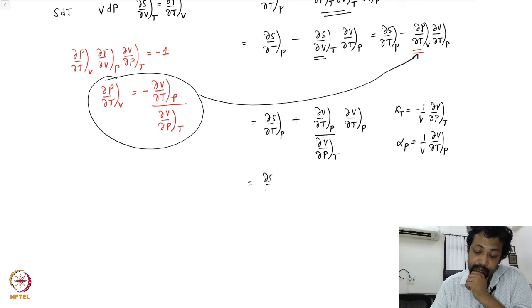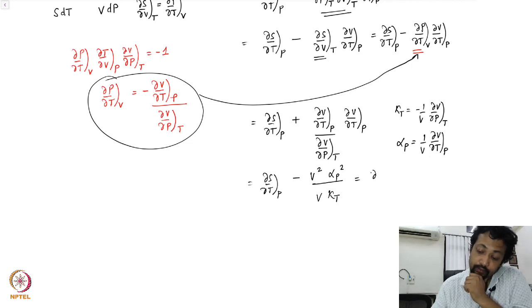So this is del S del T, pressure constant, minus V square alpha P square divided by V kappa T, right?